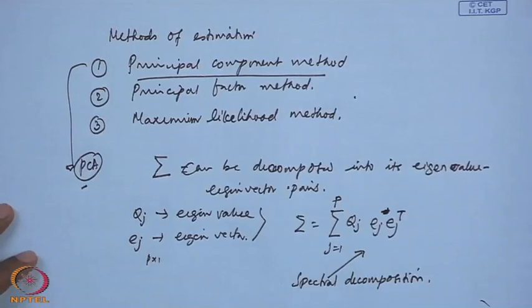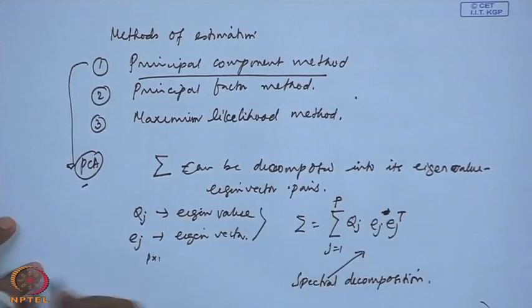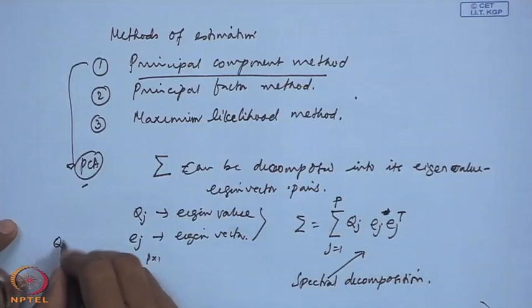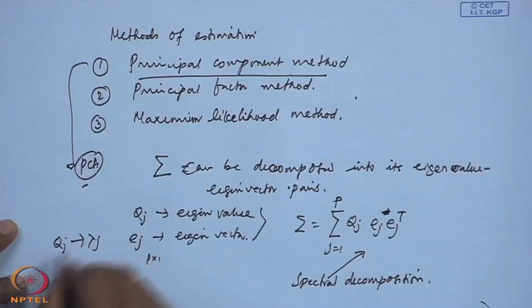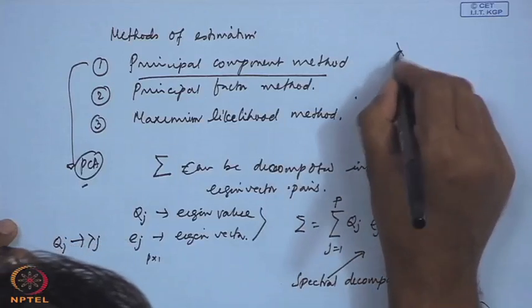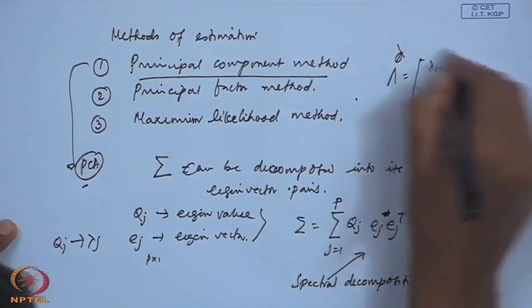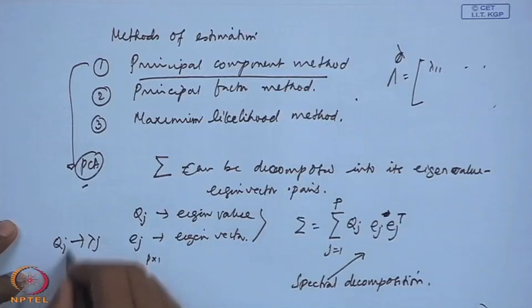Okay. In PCA, when we described this, instead of Qj I have written this as lambda j, but in this case we are using that capital lambda, which is the component lambda 1, these are the factor loadings. So, I am using Qj for eigenvalue.